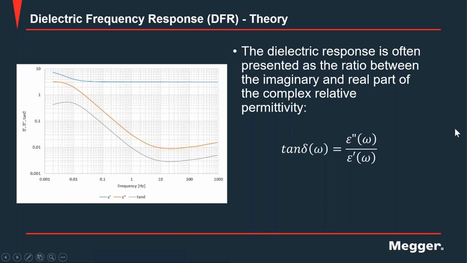And basically, this tan delta as a function of frequency can be represented basically by the ratio of the complex permittivity from the imaginary component to the real component. And you can see here both, right, the real component, the imaginary component, and between these two, they create this tan delta dielectric response, which is unique of the condition of that transformer, and is like the same thing like a power factor at line frequency, is temperature dependent.